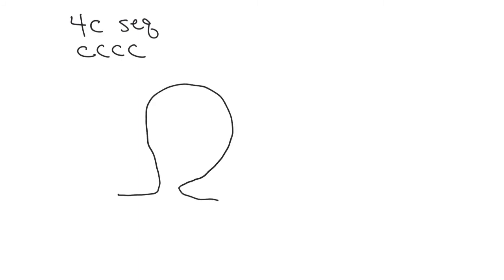The last technique to talk about right now is a technique called 4C-seq, and that is for chromosome conformation capture circular, which is why it's called 4C-seq. So what we're doing in this type of experiment is, again, looking at that three-dimensional structure and trying to figure out what parts of the genome are close together in physical space.